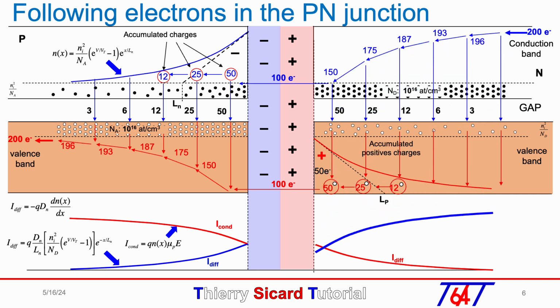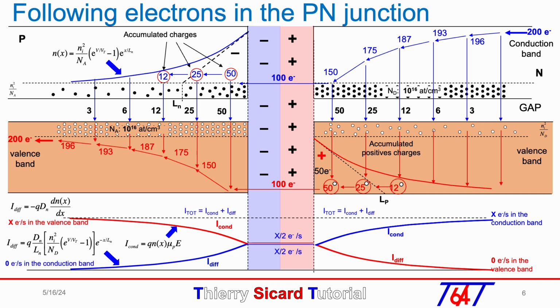But in summary, we started with a flow of x electrons per second in the conduction band and 0 electrons in the valence band in the n side, to get a flow of x electrons per second in the valence band, using the available room due to the lack of electrons at low energy positions, and 0 electrons in the conduction band.